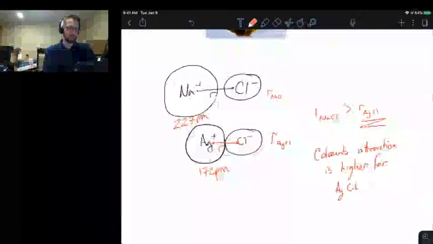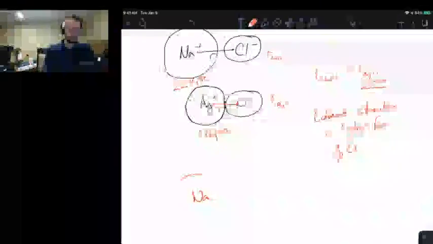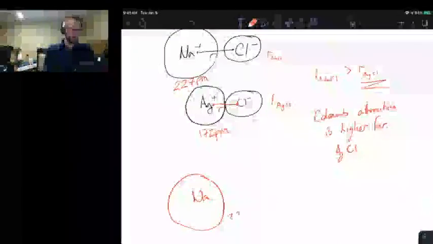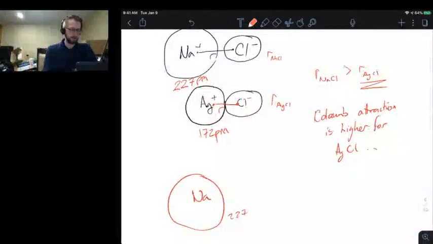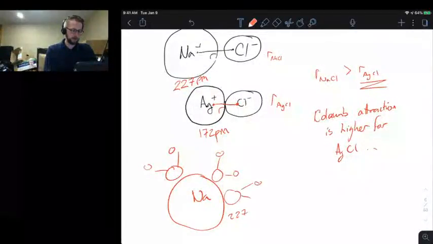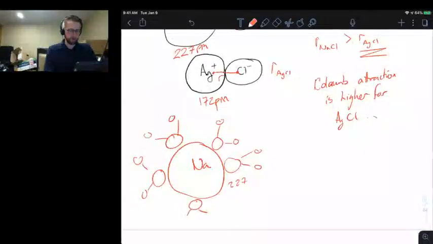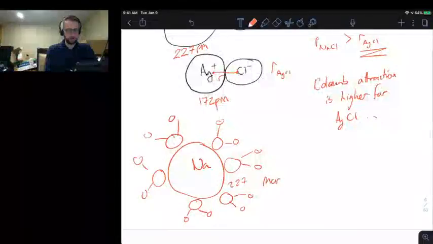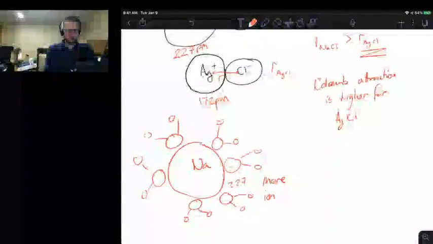There's also another effect when we're talking about this sodium being a little bit wider, right? So 227. You can fit more waters around the sodium ion without them having to crowd in on each other. And so you get more ion dipole interactions.